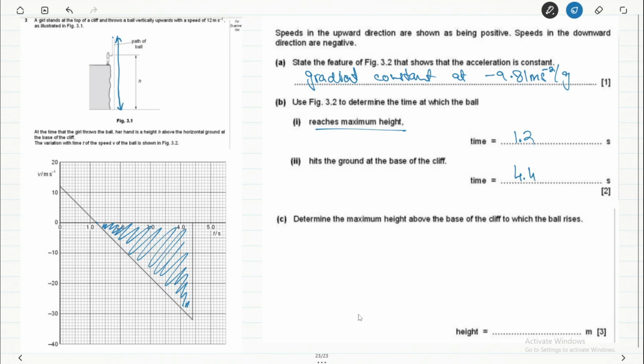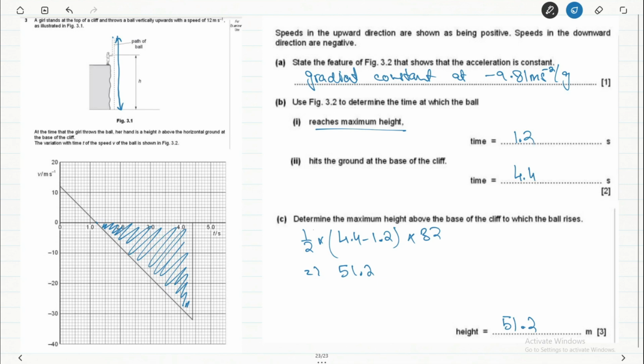So this is the area that we can find to get the answer. So 1/2 times 4.4 minus 1.2, this is the base, and the height is 32. So this becomes 51.2. So that is our answer here, 51.2.